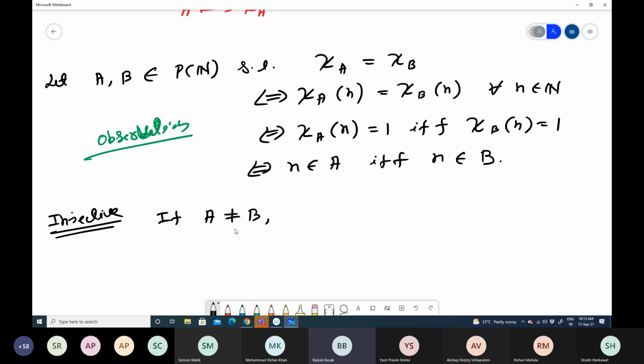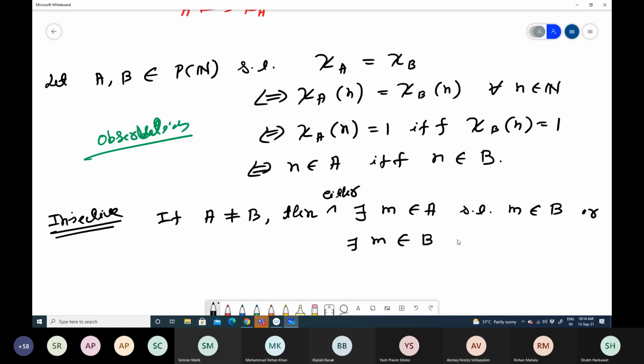That means there exists m belonging to A such that m does not belong to B, or there exists m belonging to B such that m is not in A. So that is the meaning of A not equal to B. Either A will have an extra element or B will have an extra element.